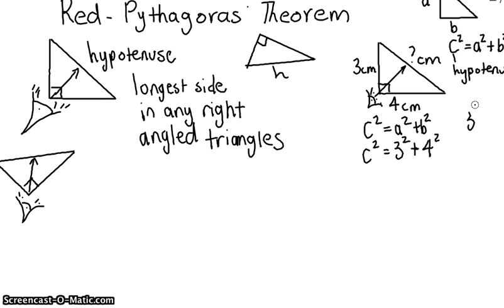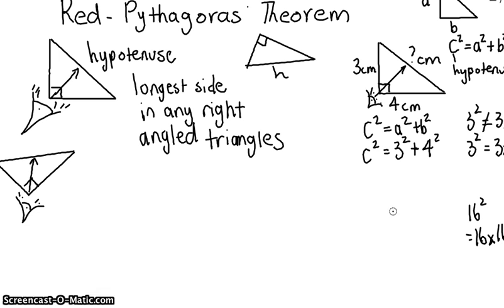Now remember that 3 squared is not 3 times 2. 3 squared is 3 times 3. 16 squared is 16 times 16, it's not 16 times 2. So don't fall into that common habit.